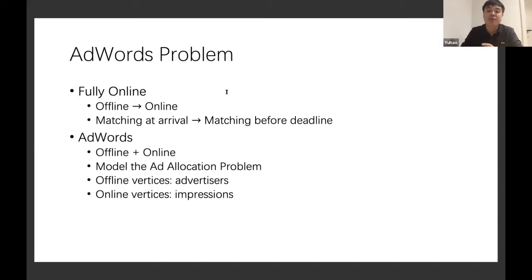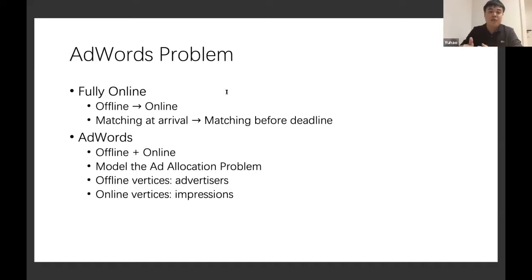In the previous talk, fully online matching generalized the arriving mode of the classic online bipartite matching: we changed all offline vertices to online vertices. This time, the Adwords problem is more like a weighted generalization. In the Adwords problem, we still have offline vertices and online vertices, and it is used to model the popular ad allocation problem.